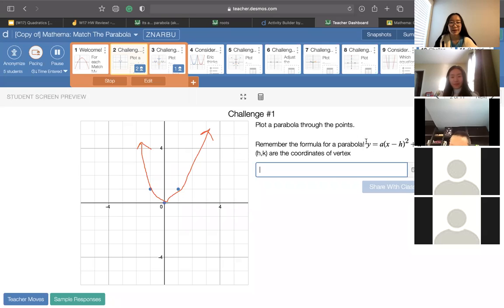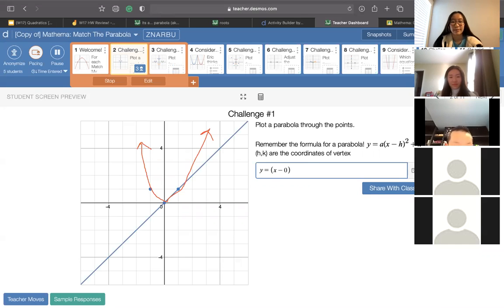Okay, so we need to plot a parabola through these points, and we're going to use vertex form. So one easy way to do this: where's the vertex of this graph? 0, 0. Yep, that's right. So we don't need to know a right now, because if we get it wrong, we can just change a around. And so it would just be x minus 0 squared plus 0.